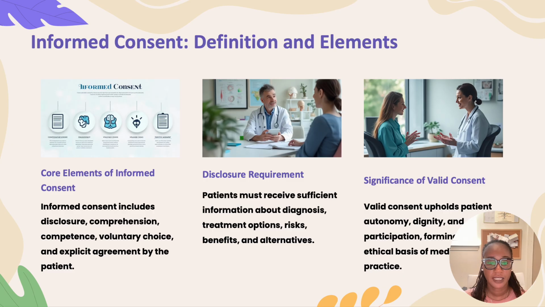Significance of valid consent: valid consent upholds the patient's autonomy, dignity, and participation, forming the ethical basis of medical practice. So who may consent? A competent adult, a legal representative, and of course certain minors as well can also consent.